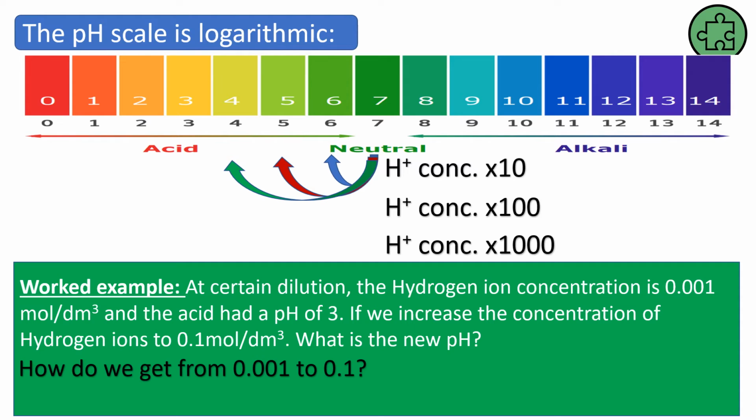Well, how do we get from 0.001 to 0.1? We're going to times it by 100, which we know then is decreasing the pH by 2. So we were at pH 3, so we're now going to be at pH 1. I'm hoping that makes sense for you there, guys.